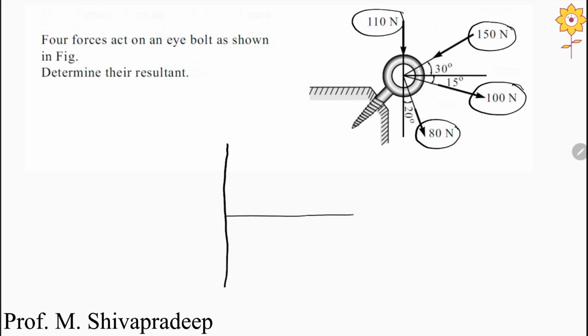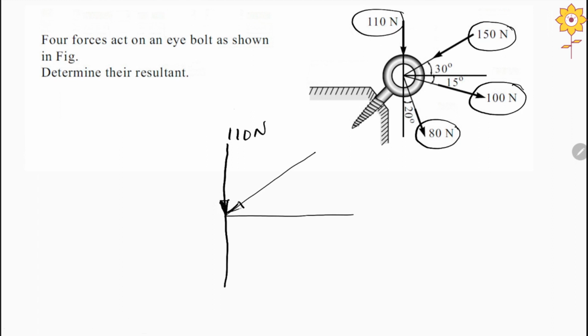This 110 Newton is acting downward, so we draw it over here, 110 Newton. From the same point, one more force is acting, that is 150 Newton at an angle of 30 degree with the horizontal line. So, we draw a line of 150 Newton at an angle of 30 degree.